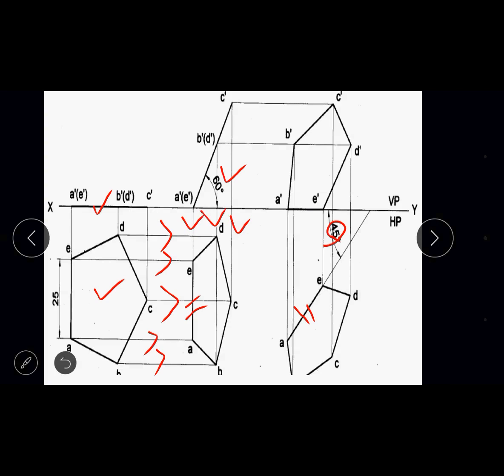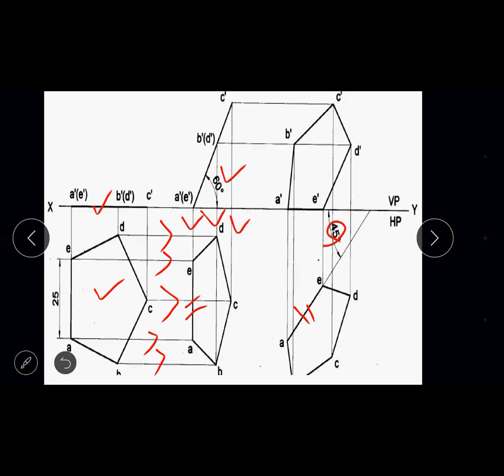See, in computer drawing, you just make a copy. You will be using the move command with the copy option. You will just move the irregular pentagon and place it on the 45 degree line. Computer drawing is very easy, simple and very fast because of the copy and paste option. Whereas in manual drawing, in your sketching, you cannot copy and paste it. You have to redo it, so it takes a little bit of time.